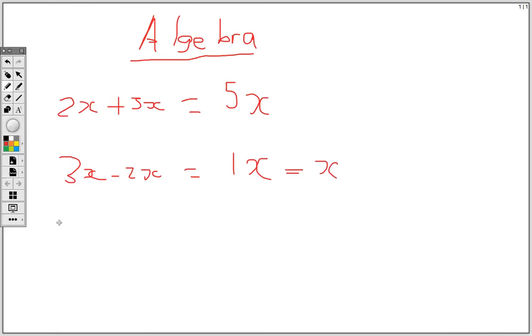So if I have 4x minus 5x, this is where students find it hard to figure out what is the answer.